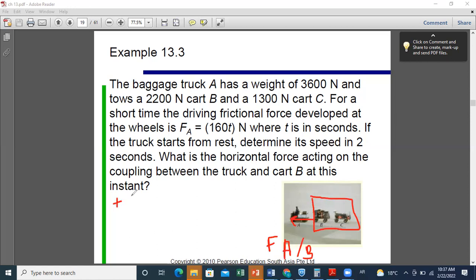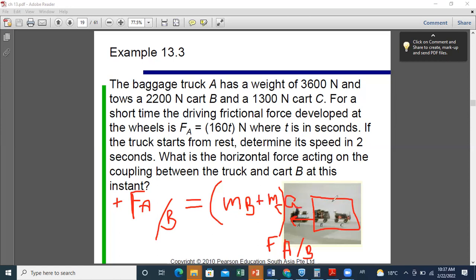Plus F of A on B equals what? The mass of B and C times acceleration. Exactly, because I took B and C as one system, I should do M_B plus M_C times a. And you can check that you will get exactly the same result.